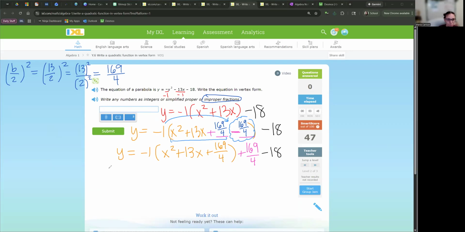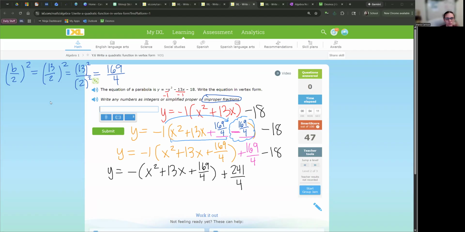So we have y equals negative x squared plus 13x plus 169 divided by 4. And then outside of that, we added, or really subtracted, 169 divided by 4 minus 18, and we got 241 divided by 4.